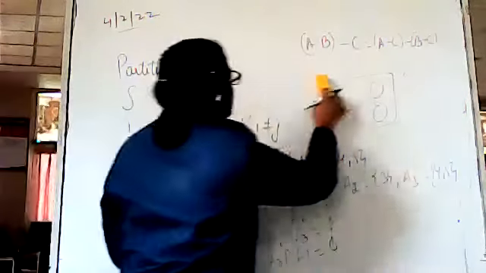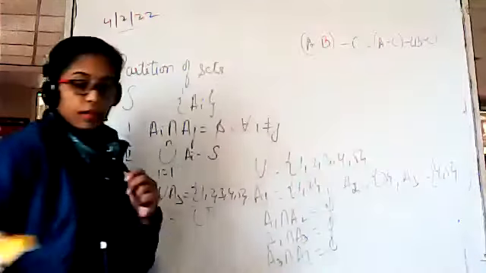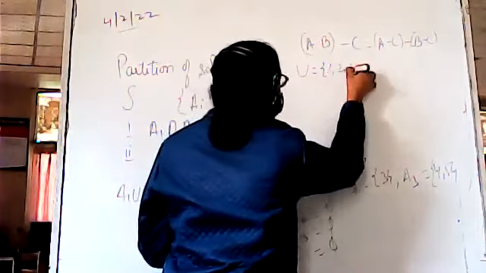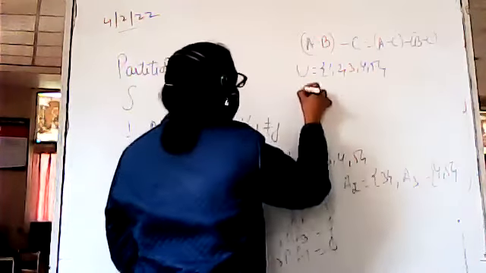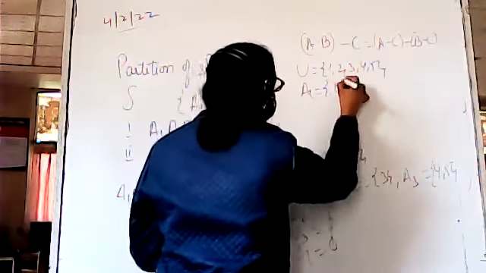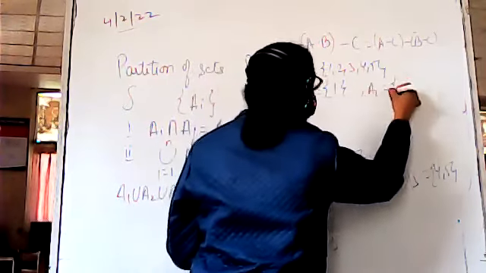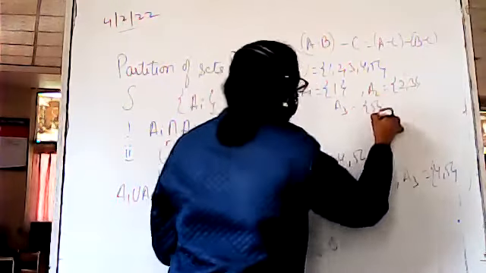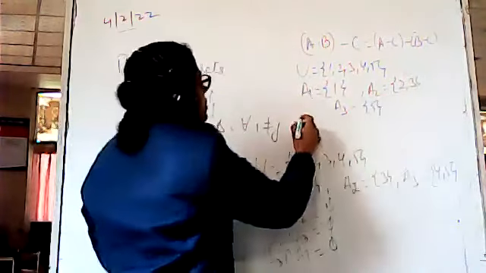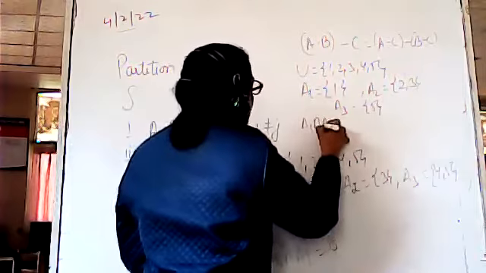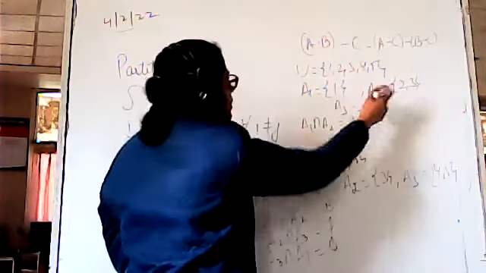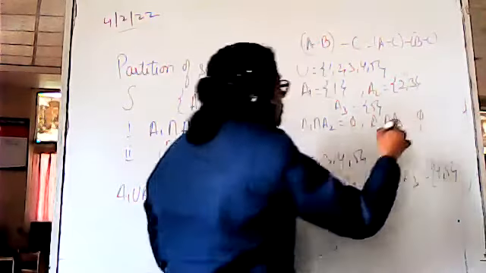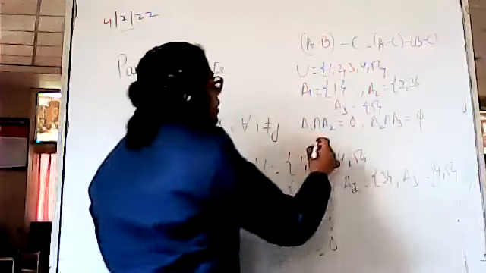Let us suppose we are having a set U equals to 1, 2, 3, 4, and 5. Let us suppose A1 is equals to 1, A2 is equals to 2, 3, and A3 is equals to 5. So first of all, intersection of A1, A2 is phi because nothing is common. Again, intersection of A2 and A3 is again equals to phi because nothing is common.